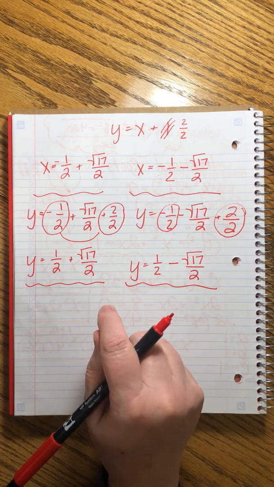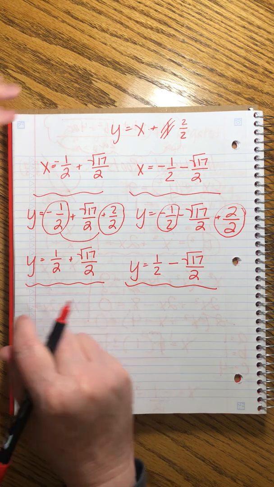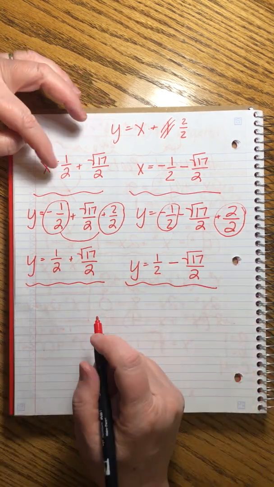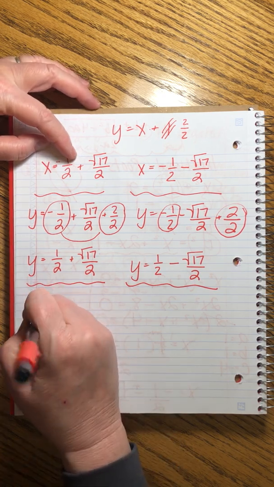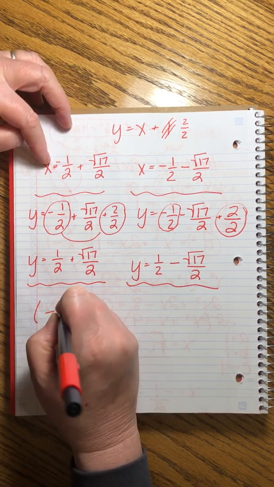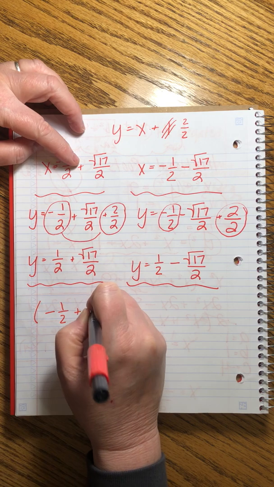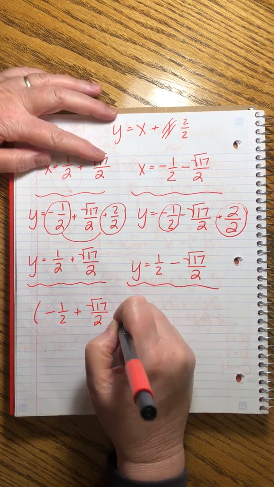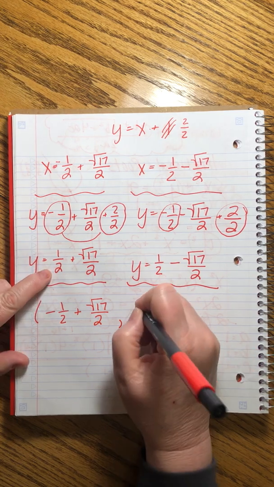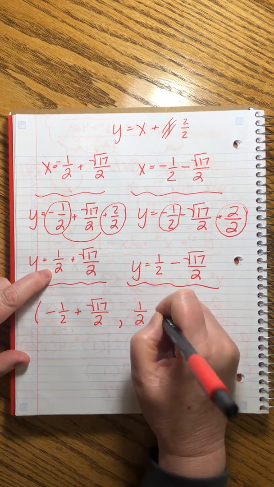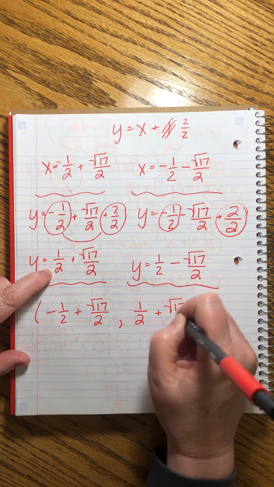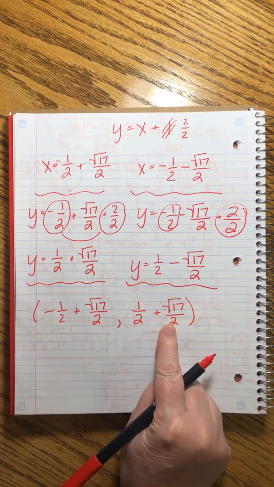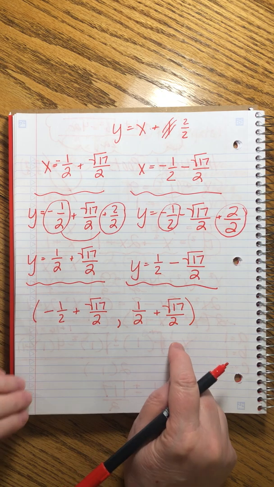Now we have to write the final points. And I'm going to write them long so they go across. The first point is minus 1/2 plus square root of 17/2, comma, now here's the y value, positive 1/2 plus the square root of 17/2. That's one of the points where our line intersects our circle.